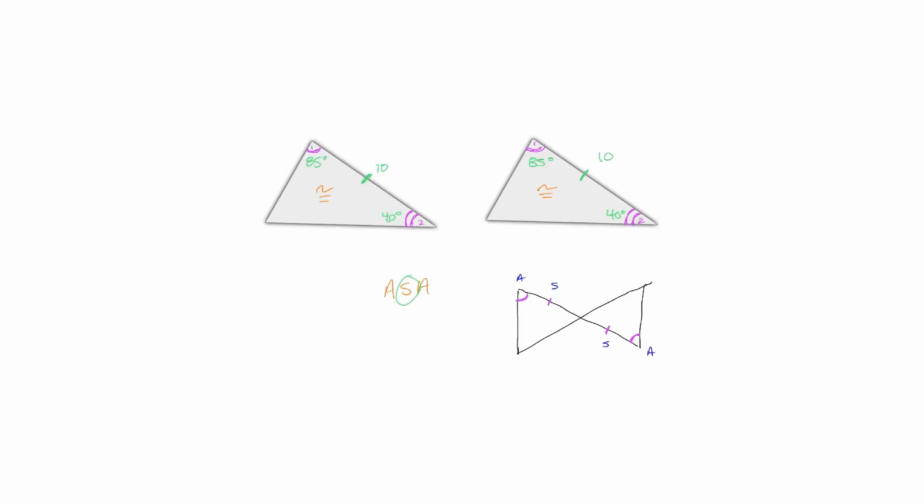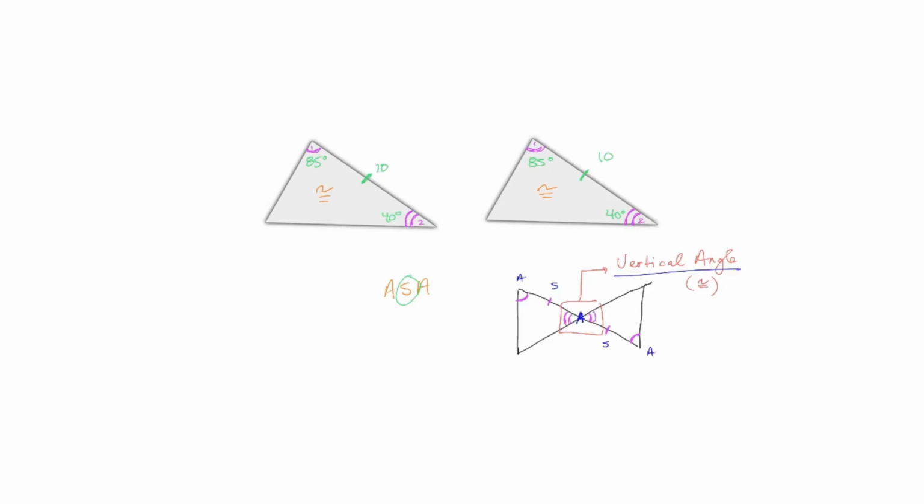Now we have to look for a vertical angle. And the vertical angle here will reveal another congruent angle. We know vertical angles are congruent. So when we see something like that, we notice, oh, there's a hidden angle here. It's a vertical angle. So now I know this to be angle side angle. And you're going to see a lot of that. You're going to see a lot of hidden vertical angles and common sides.